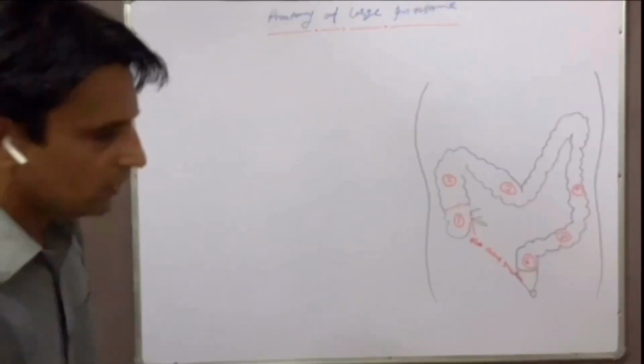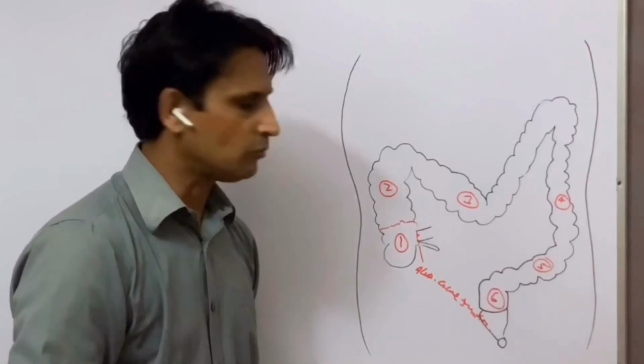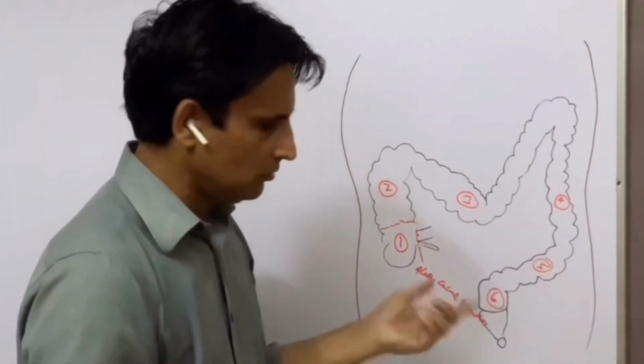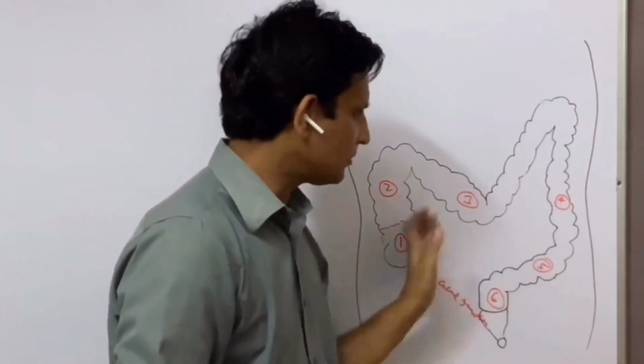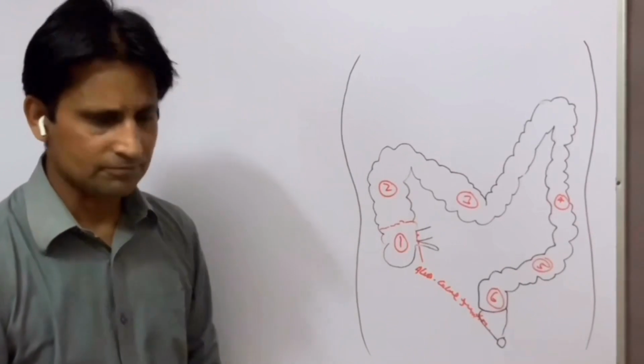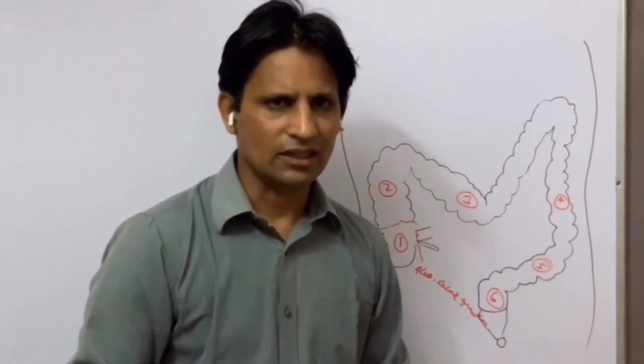This is also known as the large gut, and the small intestine is the small gut. So this must have some connection with the peritoneum, and these are the important marks. So what is the peritoneal relation of the large intestine, right?